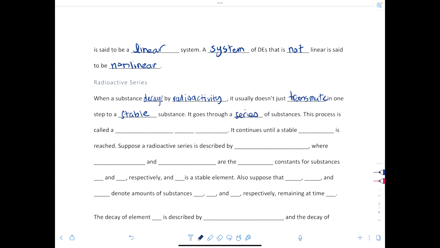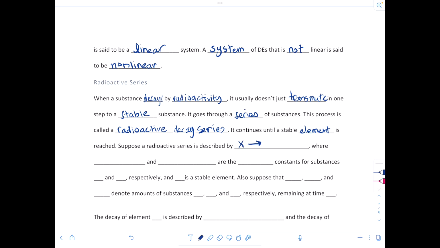This process is called a radioactive decay series. It continues until a stable element is reached.